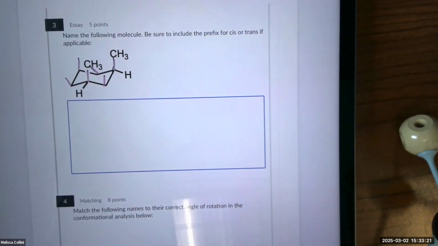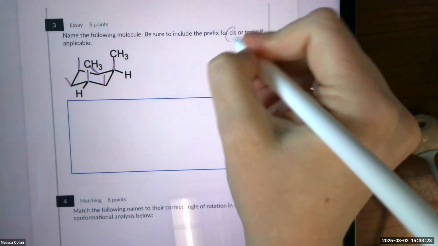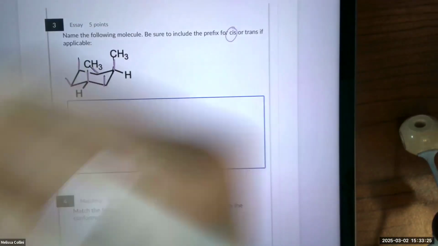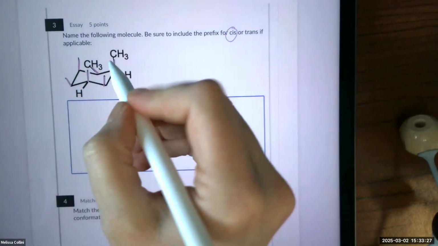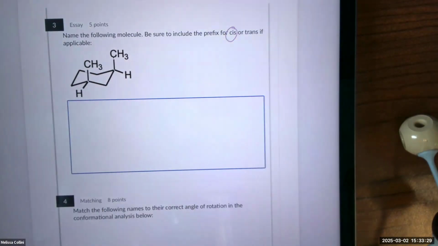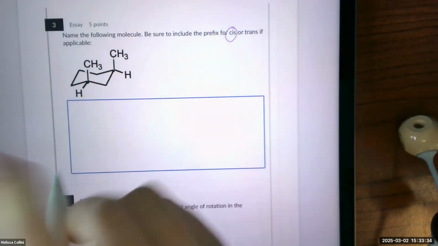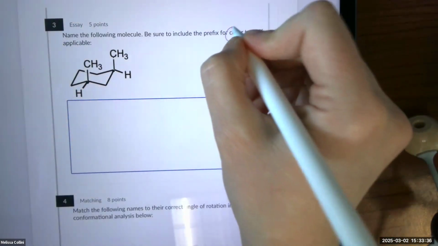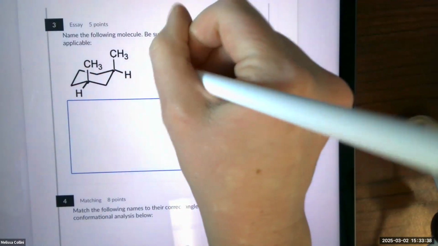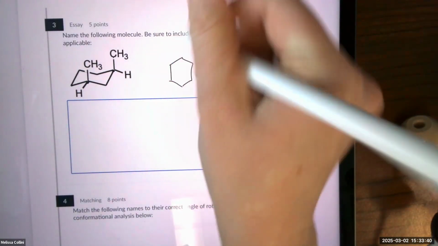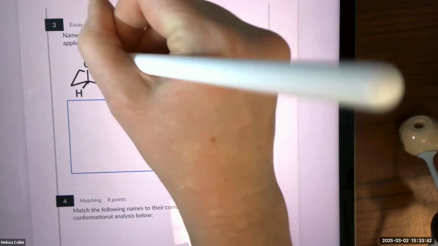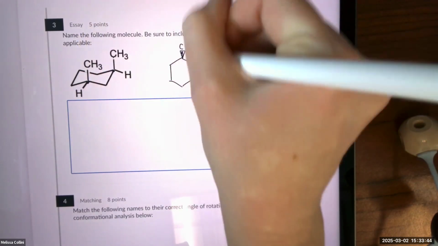So when I say this part about the prefix of cis or trans, hopefully at this point you're starting to be able to tell when things are pointed up and when they're not. And so these 2 being in the up axial position mean that they are cis. Another way you can do it, this was easy for me for a while, is I would see the CH3 is up in axial.